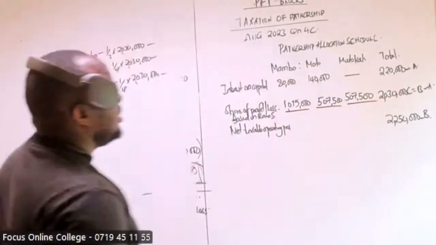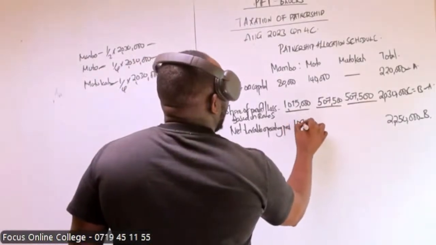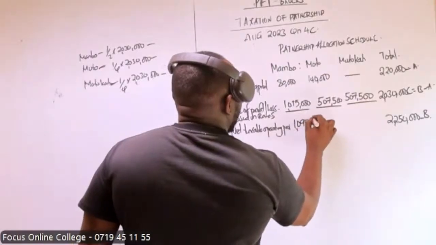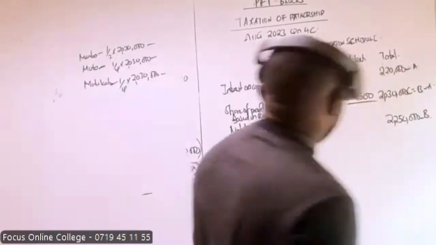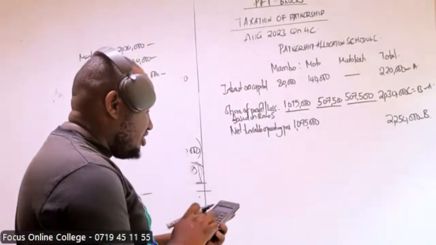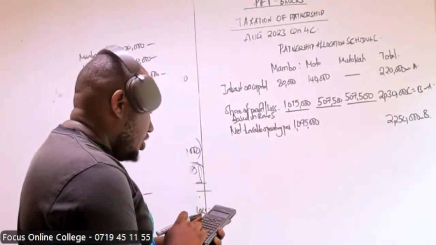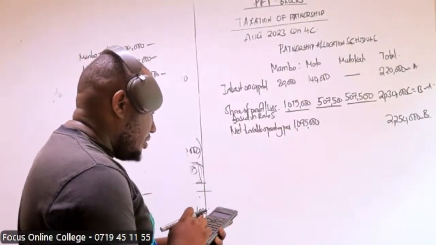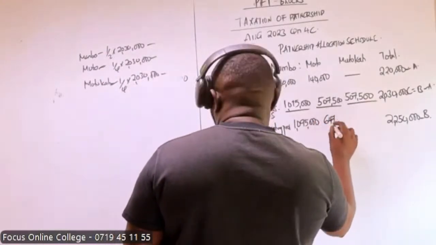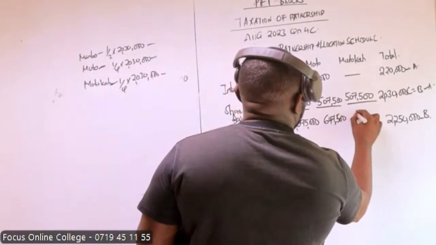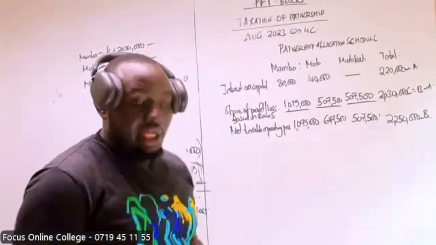What is the total? So we have 1,095, then 507, that's 140, 647,500, then we have 507,500.